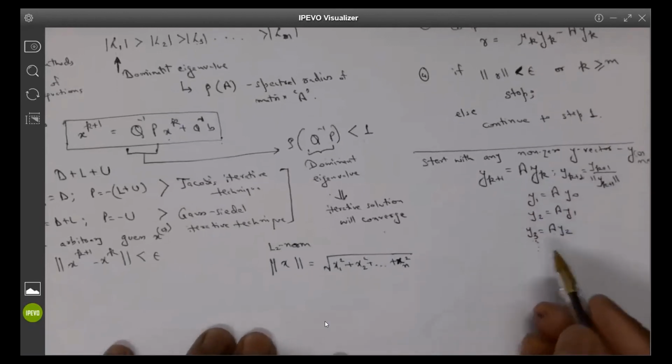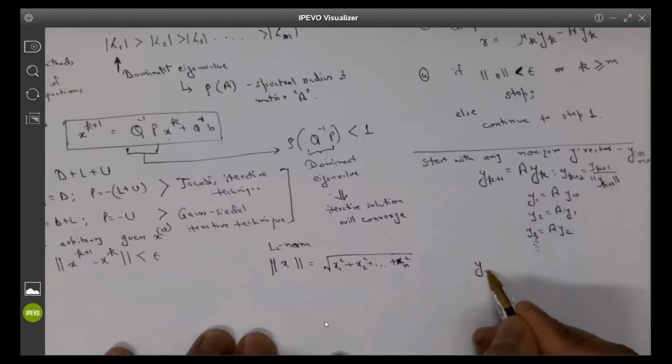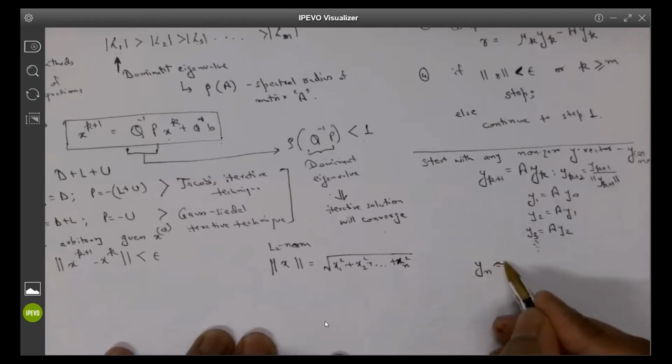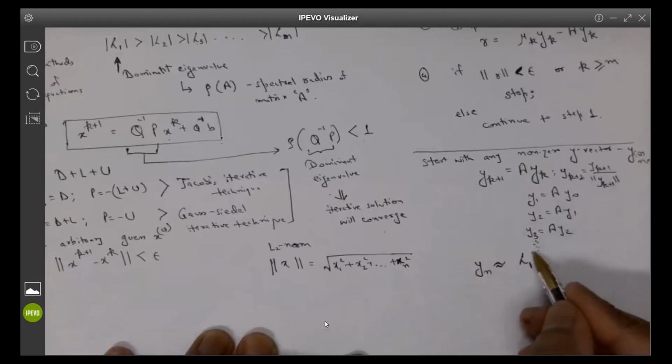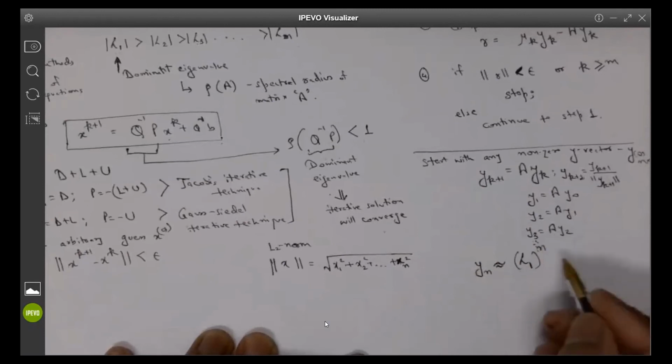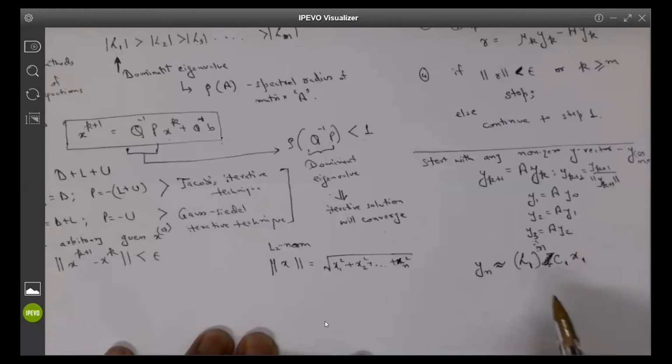Now, if you keep on doing that a large number of times, after a certain number of times this vector can be approximated as lambda 1 raised to the power n, C1 X1.